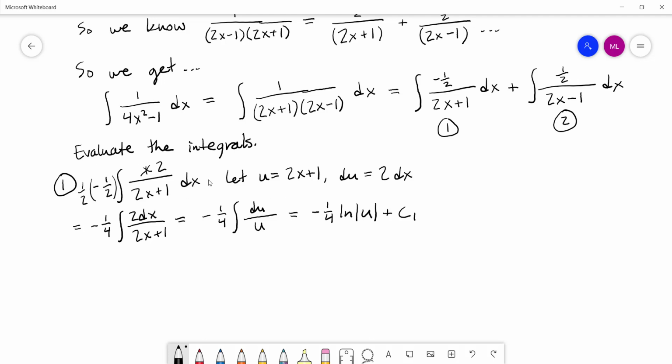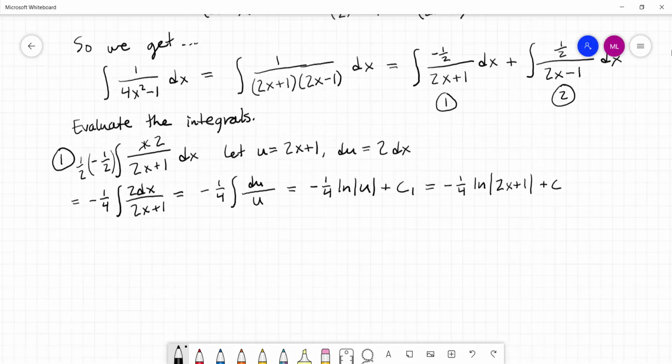Our original equation wasn't in terms of u, so let's write this back in terms of x instead, the variable we were dealing with. And we get negative 1/4 times the natural log of the absolute value of u, which is 2x plus 1, plus C1. The second integral will be done in the exact same method.